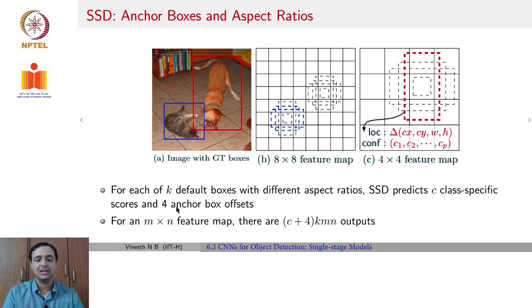That's what we saw on the earlier slide, C plus 4 is the number of channels for each of your convolutional layers when you connected them to the output layer. So for an m cross n feature map, you would have in total (C plus 4) into k anchor boxes into mn outputs, because you're assuming each pixel can be the center of an object, and you have k anchor boxes around each of those pixels, and each anchor box predicts C class probabilities and 4 bounding box offsets.